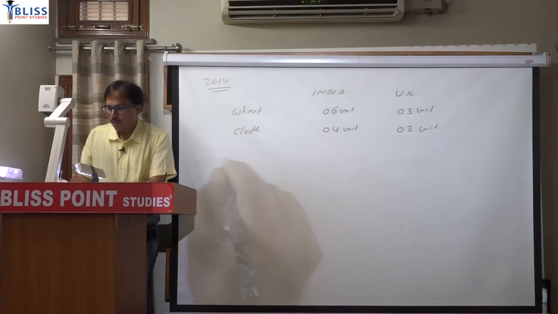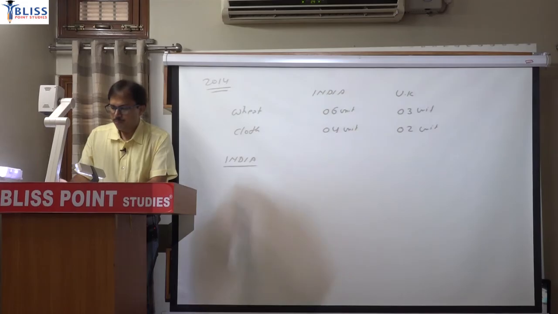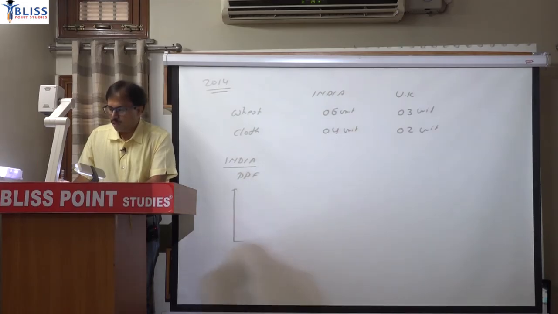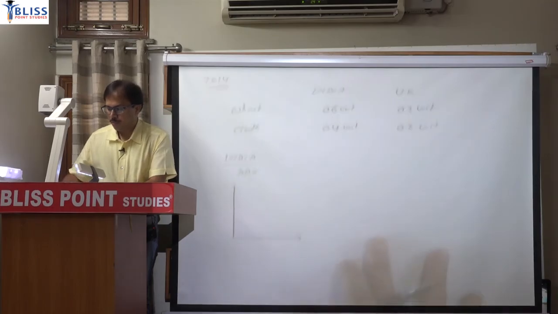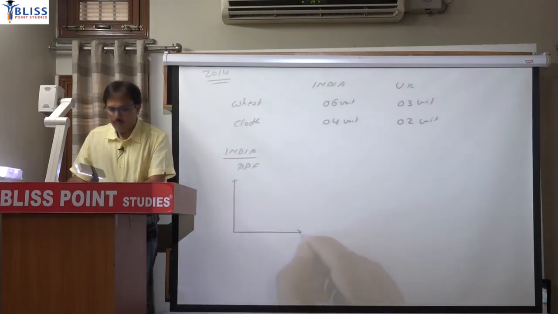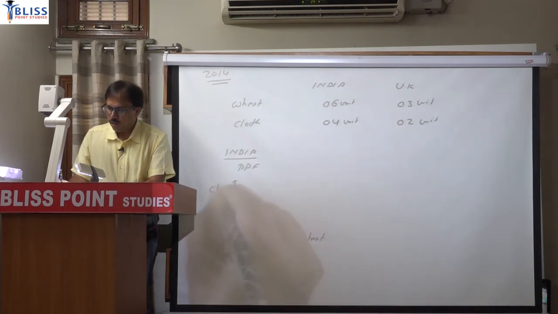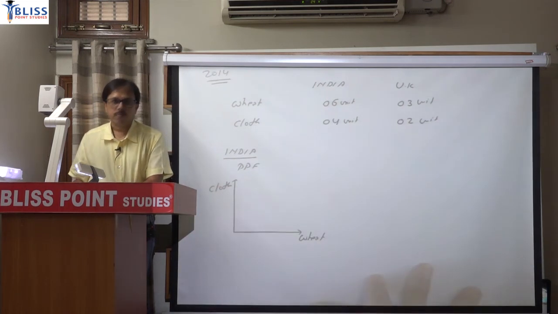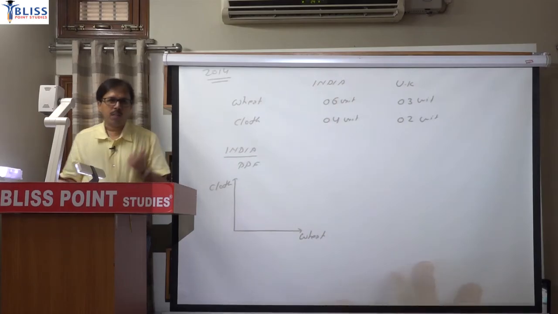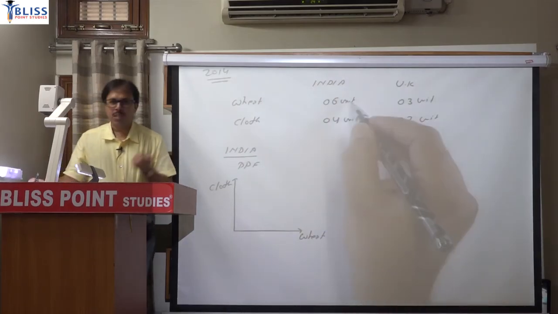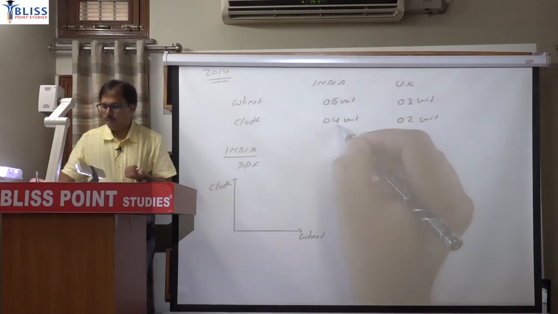So in this question, just draw the production possibility frontier, PPF, for India. When we draw the production possibility frontier, it becomes easy. Always write the first product on the x-axis, second on the vertical axis. So suppose India has 1 labor hour, so in that 1 labor hour it can produce either 6 units of wheat or 4 units of cloth.